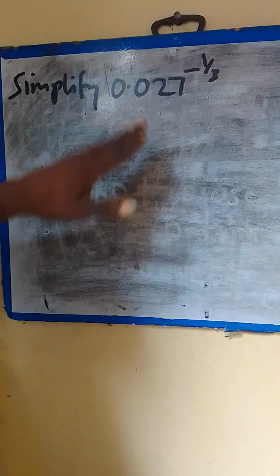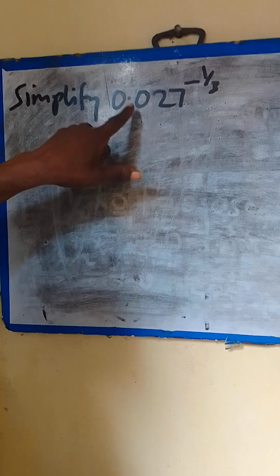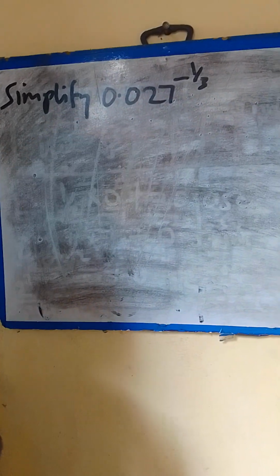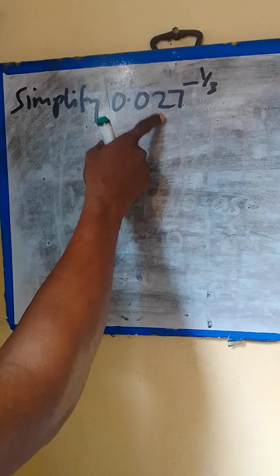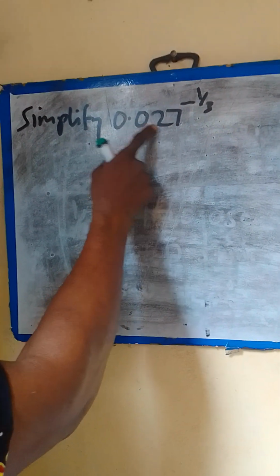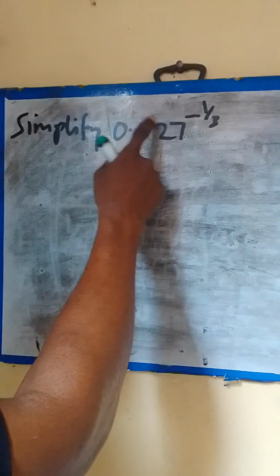The number of digits after the decimal point is 1, 2, 3. So you are going to look for the tenth, the hundred, the thousand, the million of 27, not 0.27. So you are going to convert this decimal to a fraction. And how do you do it?